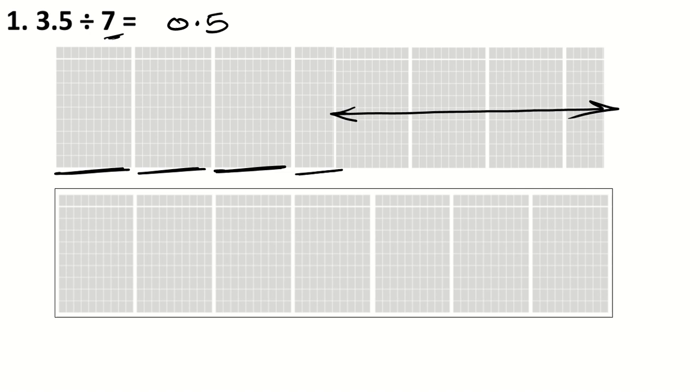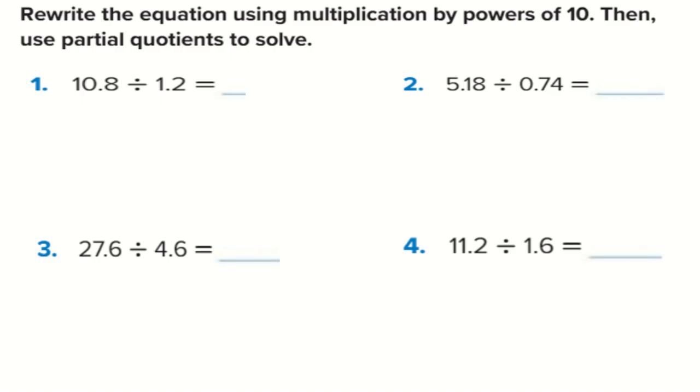Okay. So for this, rewrite the equation using multiplication by a power of 10. Power of 10, it's very easy to write. You see, power of 10 means when the point moves from left to right, the power becomes negative. So it becomes 108, no point here because we are cancelling the point, once you write the power of 10, so no need to write it, okay? 108 multiply 10 to the power minus 1, divided by 12 multiply 10 to the power minus 1.